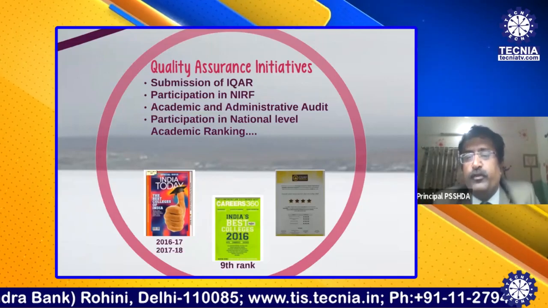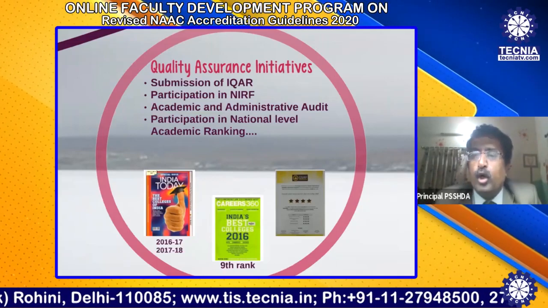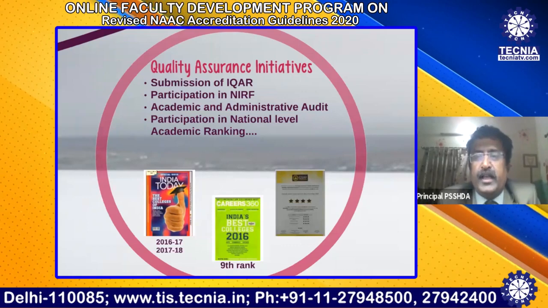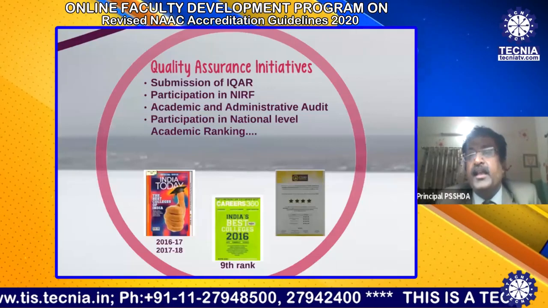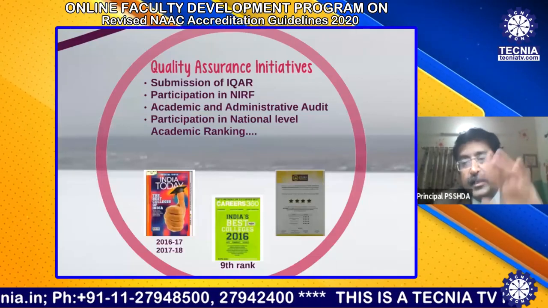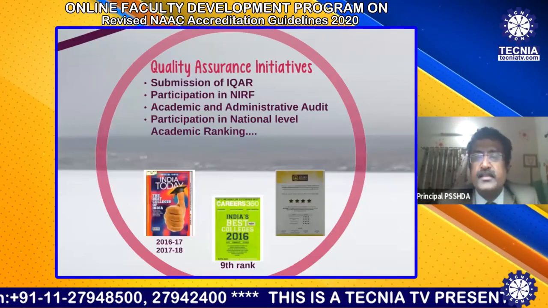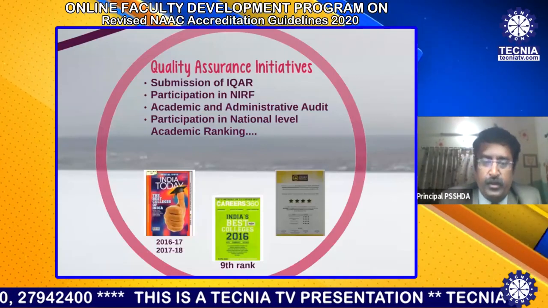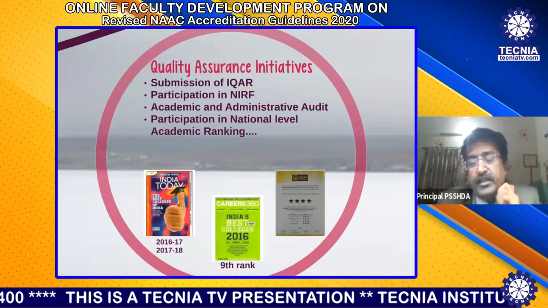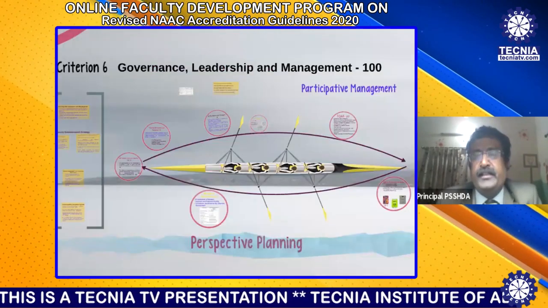This is a certificate of Gujarat State Institute ranking. These are the reports of academic and administrative audit of the institute by an external agency other than NAAC. So you must have some academic or administrative audit except NAAC, and a report from that agency also. So this was criterion 6.